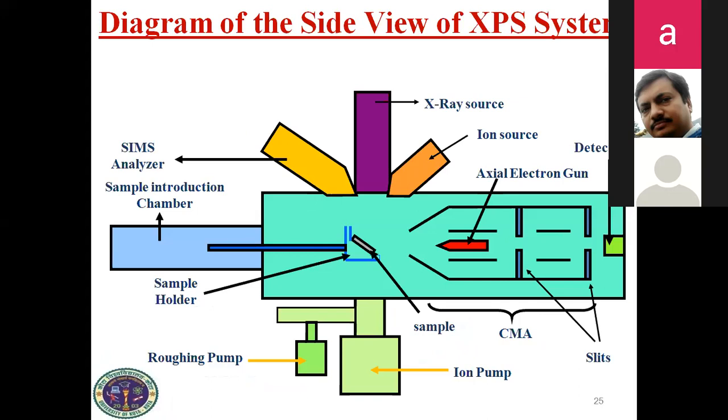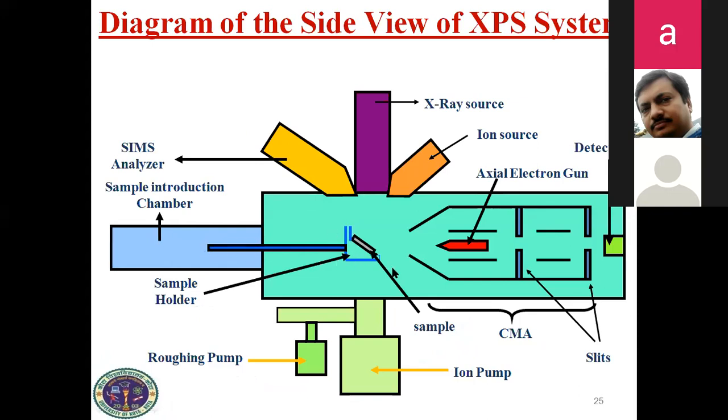This is the side view of the XPS system. Initially, the first chamber is the sample introduction chamber. A sample holder is there. By opening the gate valve of the experimental chamber, which is the big one, the sample can be introduced.